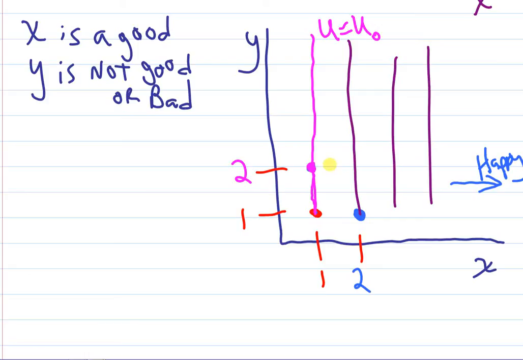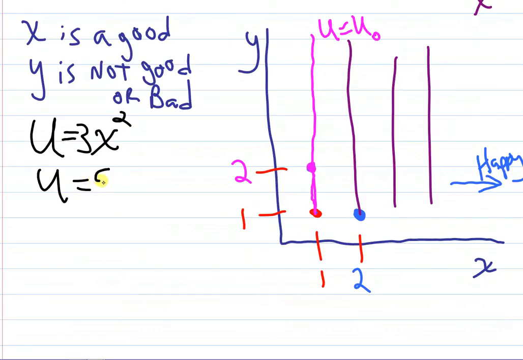What we want is a utility function that has larger utility when we increase our x, but doesn't change when we get more y. So we could have something like this. Utility equals x would work, or 3x, or 4x, or 3x squared. There are all kinds of functions, and we don't know the details of which of these functions. It could just be utility equals 5 plus x, for example, would work.